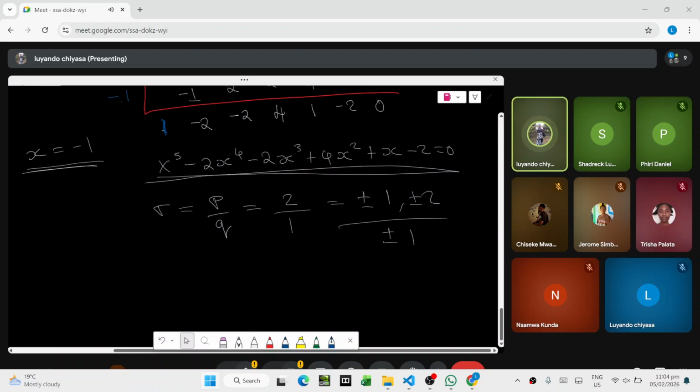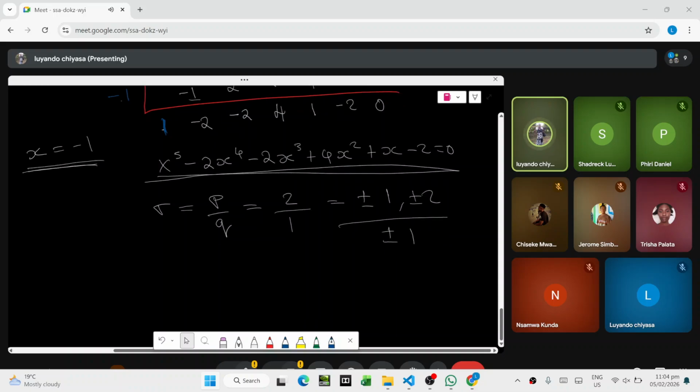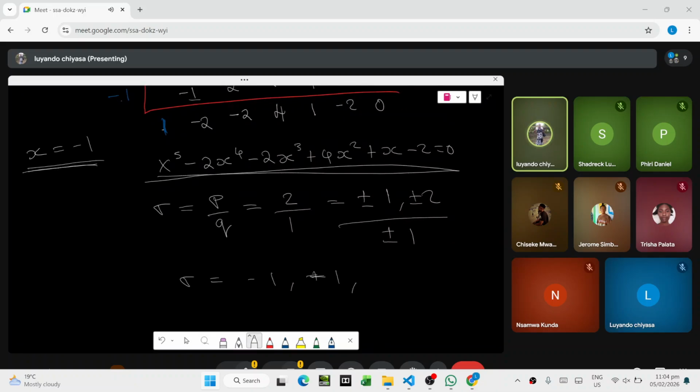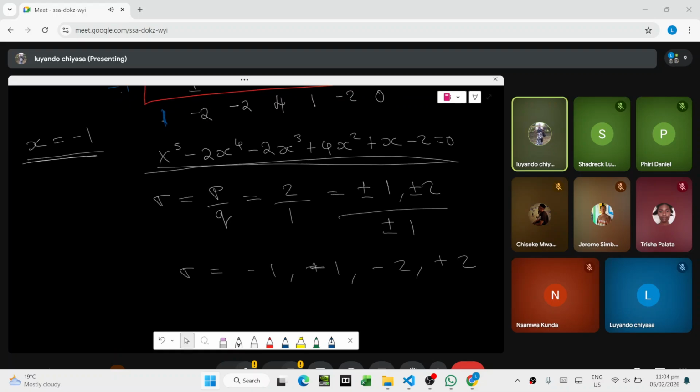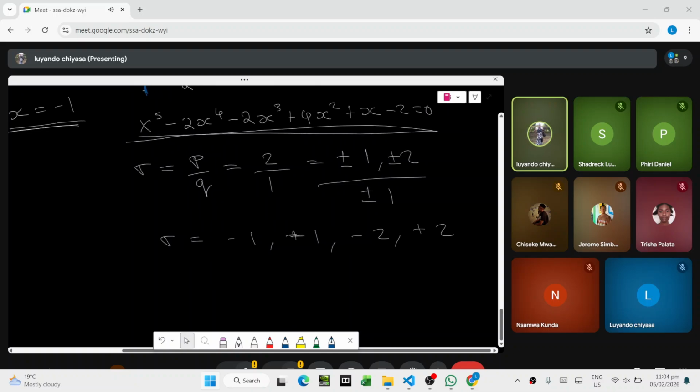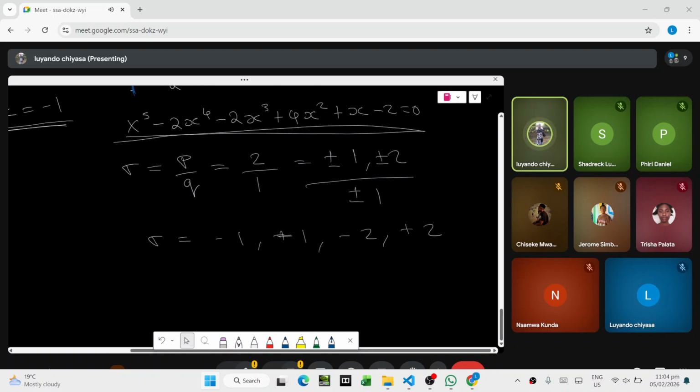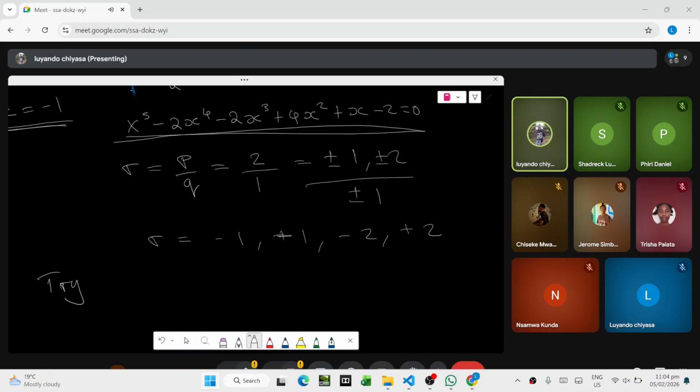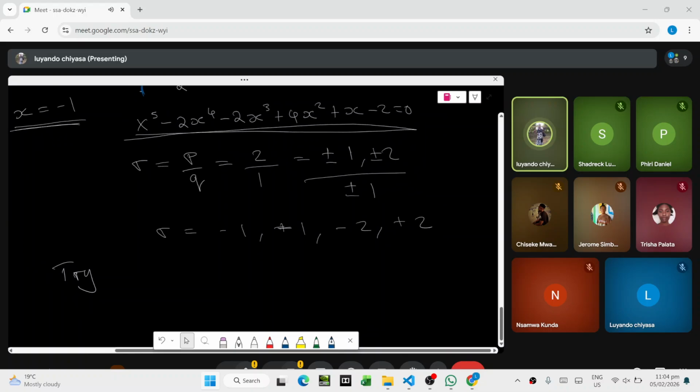We basically get the same things, if you remember. The possible factors are still going to be plus or minus 1, plus or minus 2. These are going to be our possible factors. Then we test again. This time around, which one should we try?